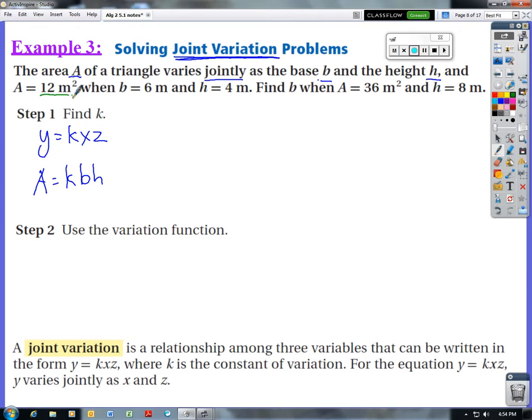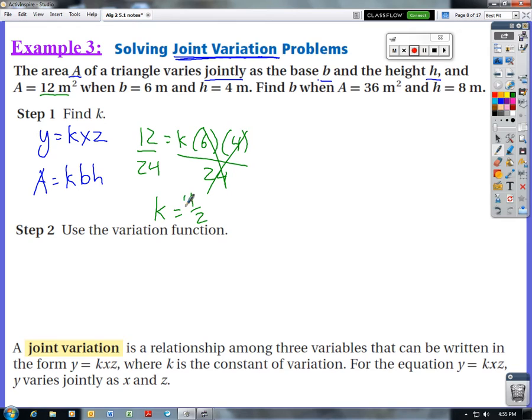So A is equal to 12 meters when B is equal to 6 and h, the height, is equal to 4 meters. So I had my k in there, and I got to solve for k. So I'm going to divide both sides by 6 times 4, which is what? It's 24. So that gets rid of those. And divide that side by 24. 12 over 24 is what? It's 1/2.